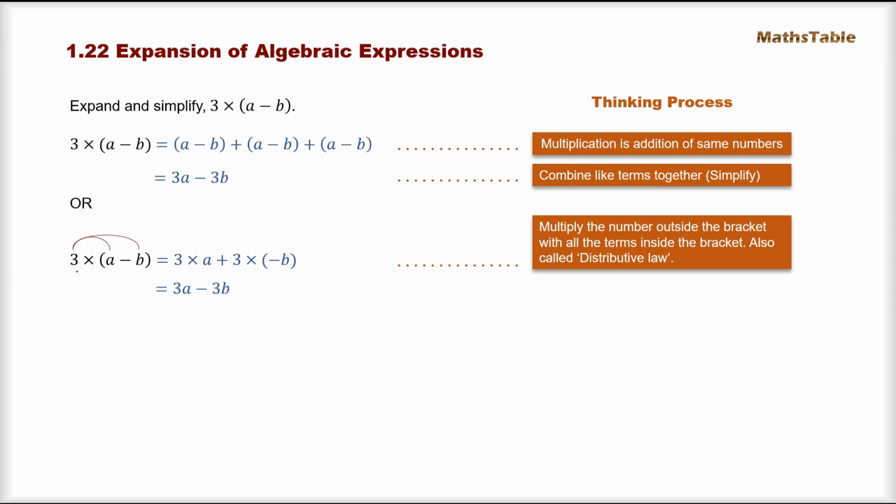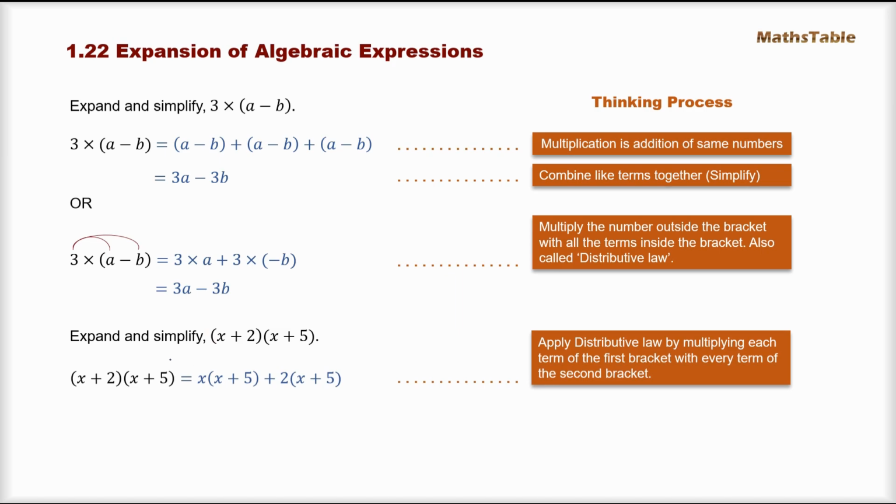Now what happens if we have another bracket in place of this 3, such as here we have to multiply two brackets together? Well, the process is still very simple, but with one extra step. What we need to do is select one term of the first bracket at a time and then multiply with the second bracket in the same way.